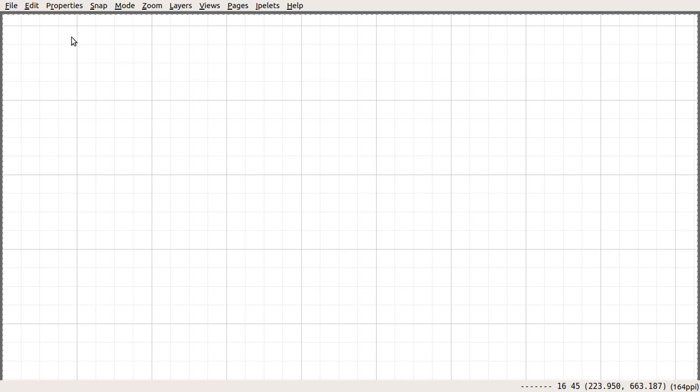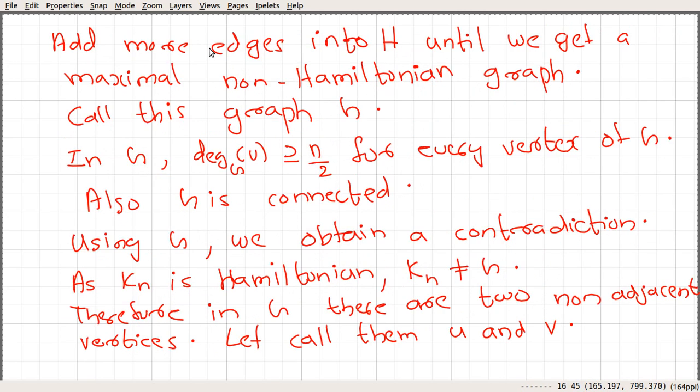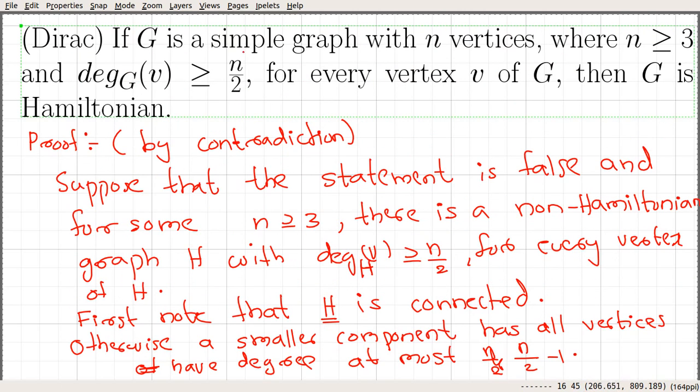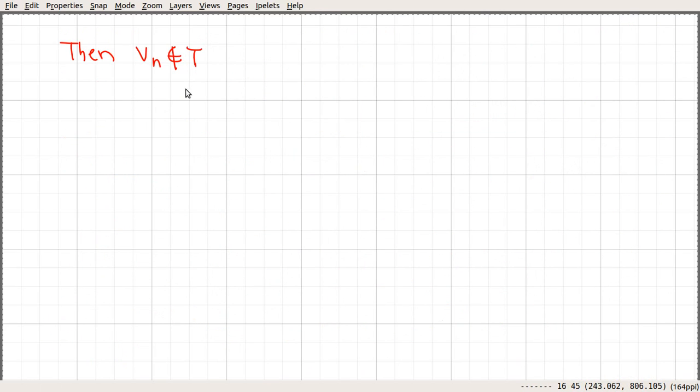So if you look into this Vn, then we can see that the last vertex, that Vn, doesn't belong to T, because here we are dealing with a simple graph, so there won't be any loop or parallel edges. So then we can see that Vn does not belong to T. Why?